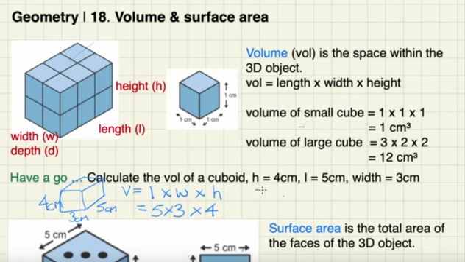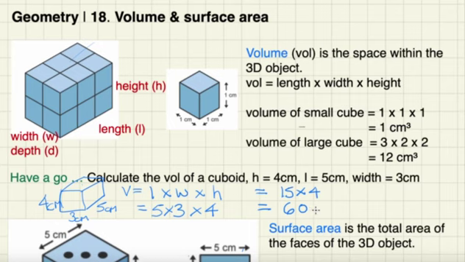So 5 times 3 is 15. Then 15 times 4. You don't have to do this in so many little stages, but I'm just doing it for an exercise. I know that 2 times 15 is 30, so 4 times 15 must be 60.